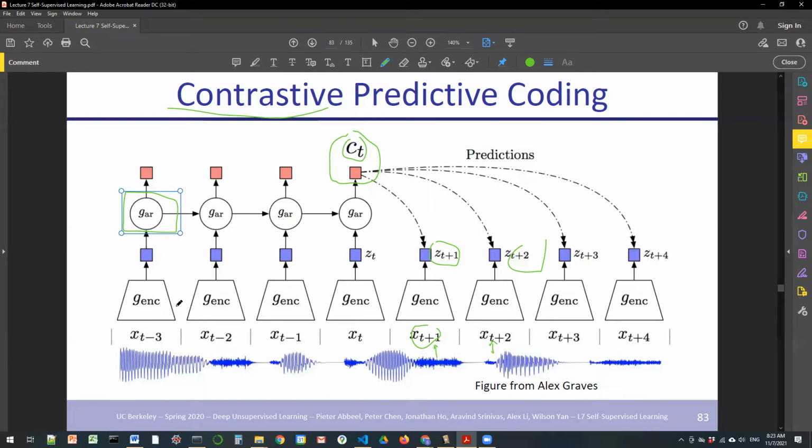So in one case, if we were to try to predict the speaker, let's say we have 10 speakers, and we have taken audio signals from each of the 10 different speakers as the negative examples, and we try to train the encoder using that. So it predicts the correct positive example of the correct speaker versus the 9 negative examples of the wrong speakers.